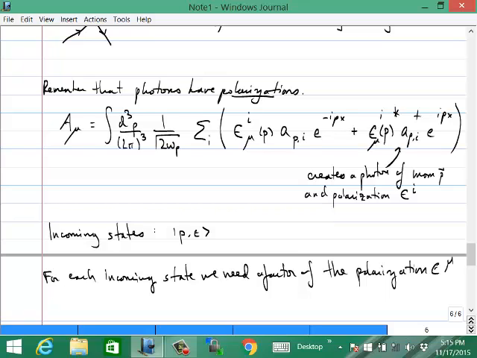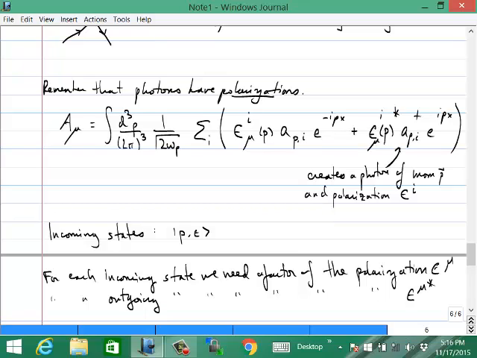And similarly, for each outgoing state, we need a factor of the complex conjugate of that polarization, epsilon star. And the only slightly subtle thing here is the fact that you need to complex conjugate the polarization vector depending on whether you have an incoming or an outgoing particle.